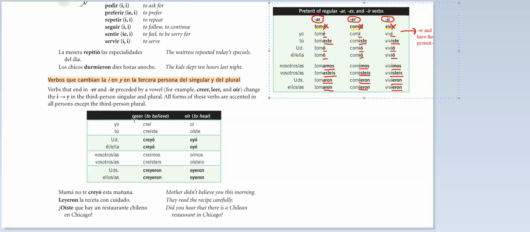If you're conjugating a verb like creer, let me go ahead and do that, even though you can see it out to the side. I have the verb creer.